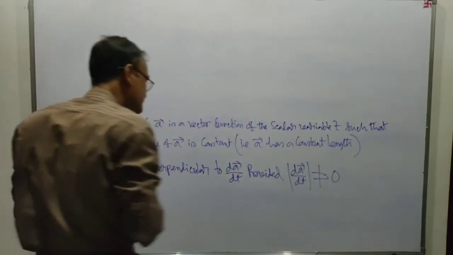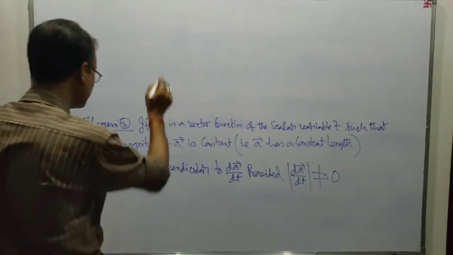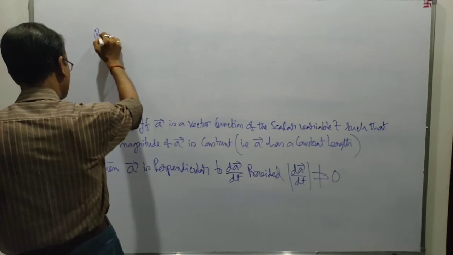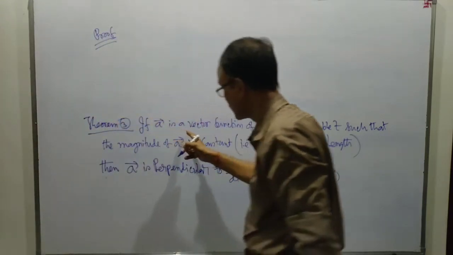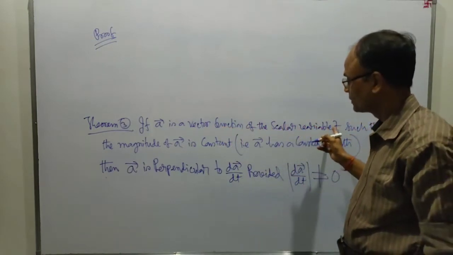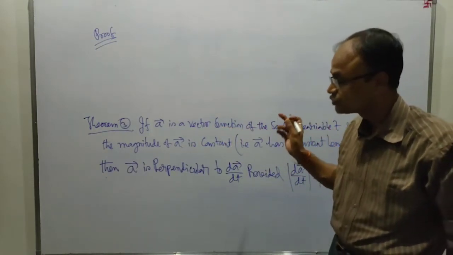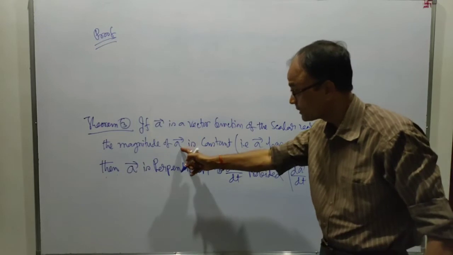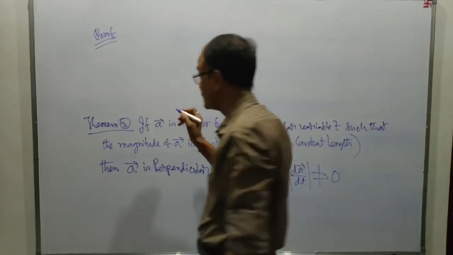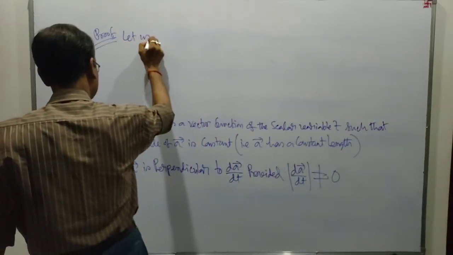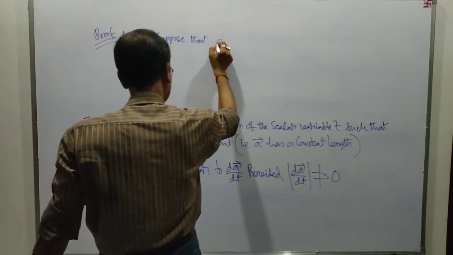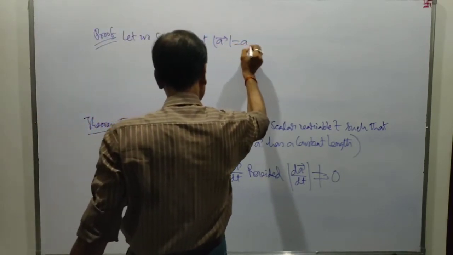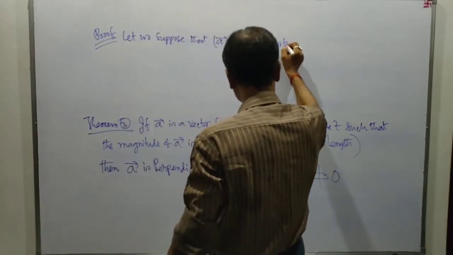Now, the proof. What is given? A vector is a vector function of the scalar variable t. Also, the magnitude of the vector A is constant. Let us suppose that the magnitude of the vector equals a, equal to constant.